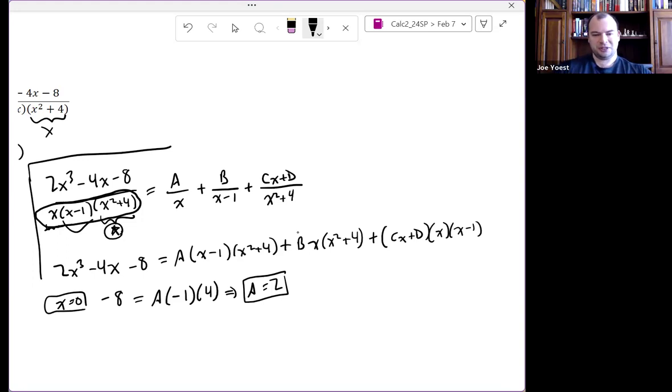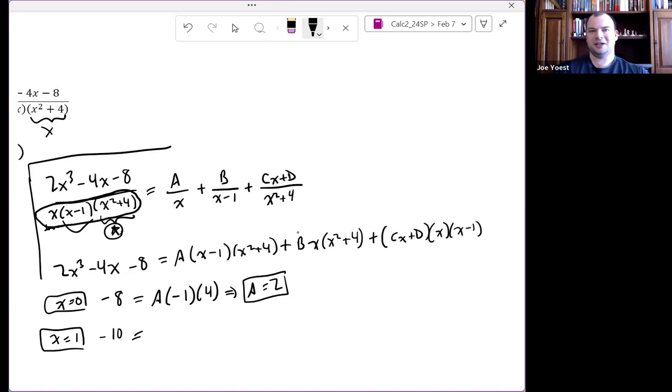x equals 1 seems to be a pretty good value to substitute in as well. That'll knock out the A term as well as the C and D terms. On my left side, I just get 2 minus 4 minus 8. So 2 minus 12 is -10. Again, if I make an arithmetic flub, please call it out.